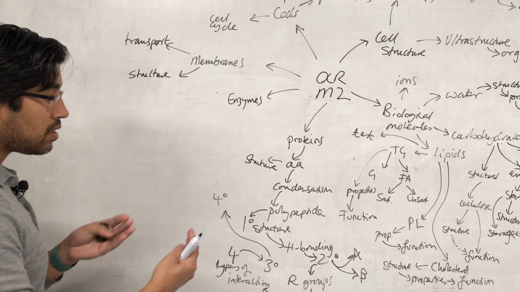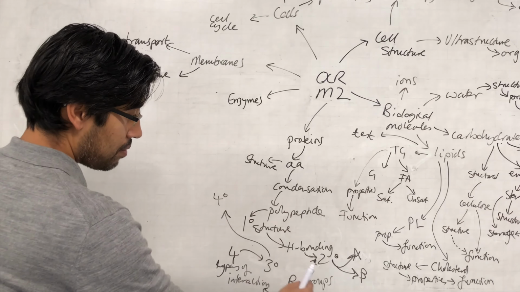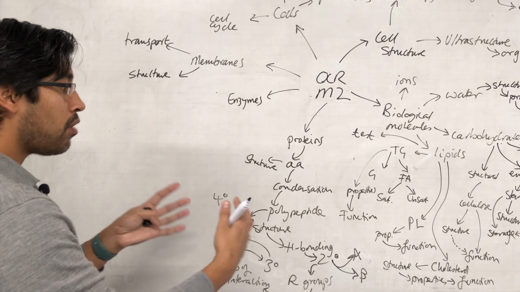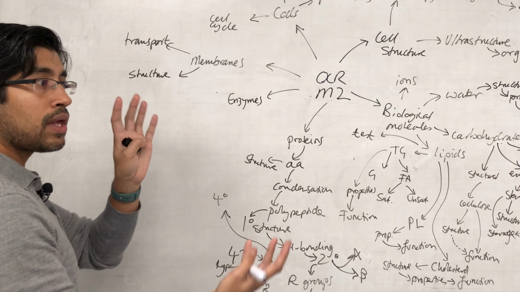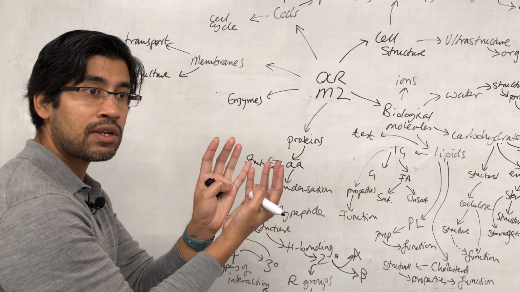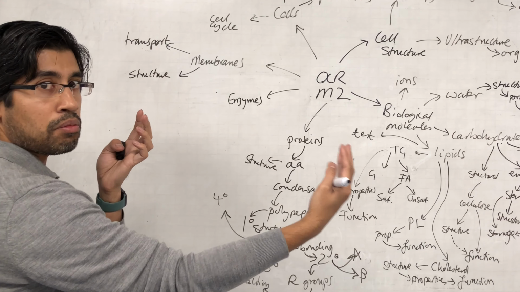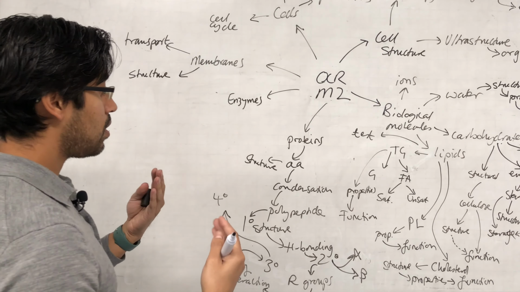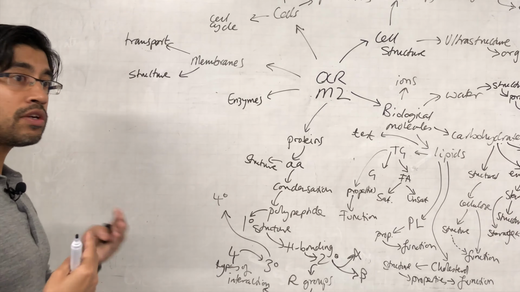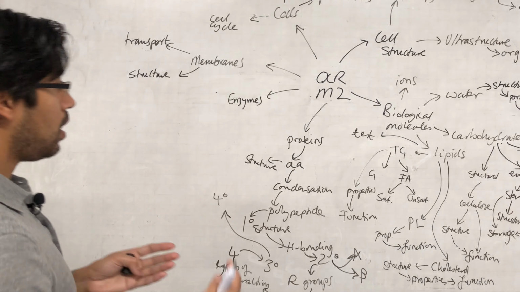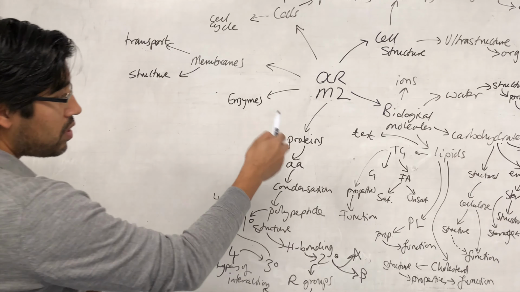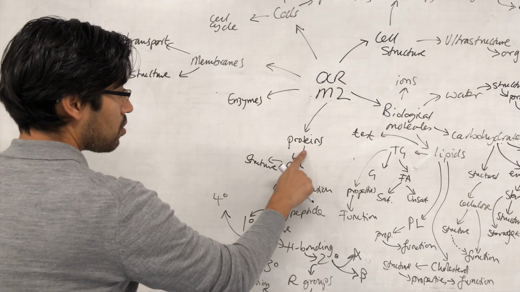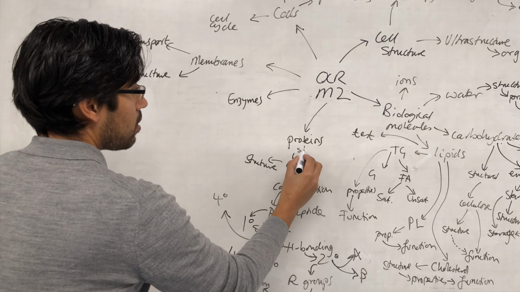Because of the same kind of R group interactions, those interactions can hold bits of the same polypeptide chain together, but also bits of different polypeptide chains together, therefore giving us different types of quaternary structures.